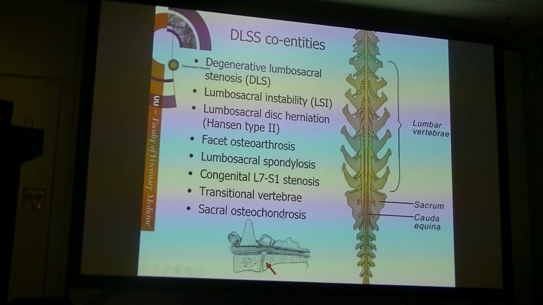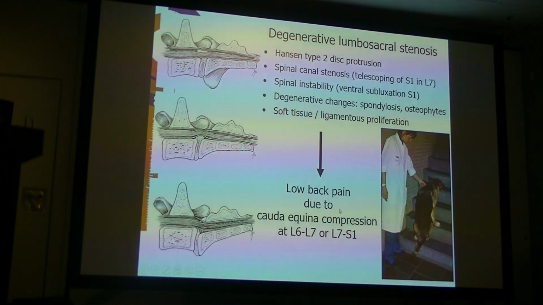And we have sacral osteochondrosis that also contributes to low back pain in young dogs. In general, we call this disease degenerative lumbosacral stenosis.